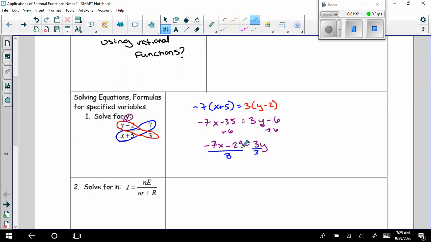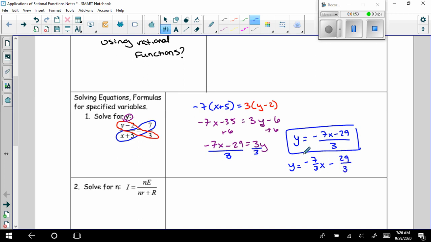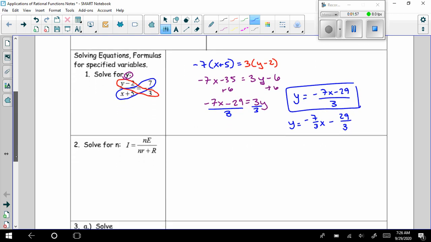Now those don't divide evenly by 3, so I'm just going to leave it like that. So y equals negative 7x minus 29 over 3, and that will be my final answer. You could also write this as y equals negative 7 over 3 x minus 29 over 3, and hopefully you recognize that as slope-intercept form for a linear function.